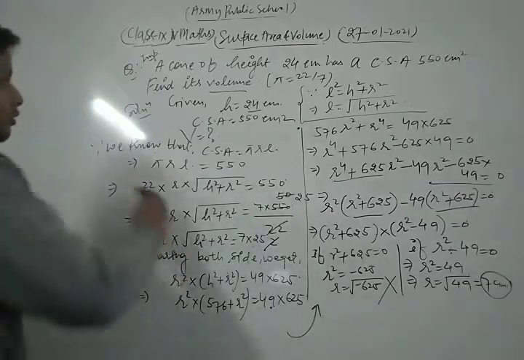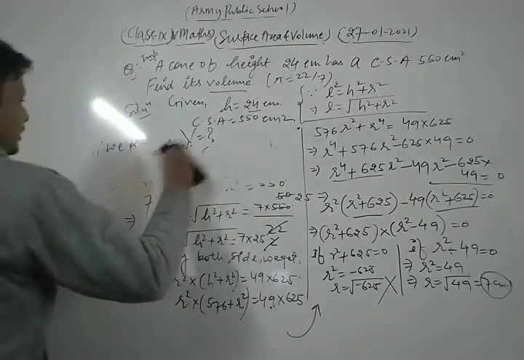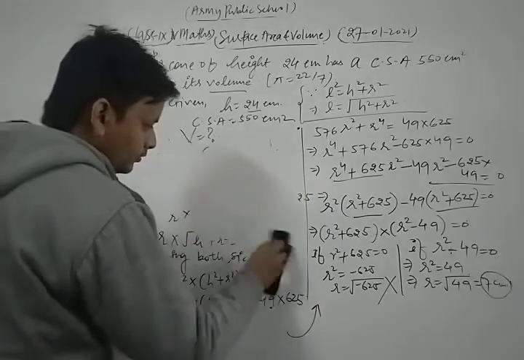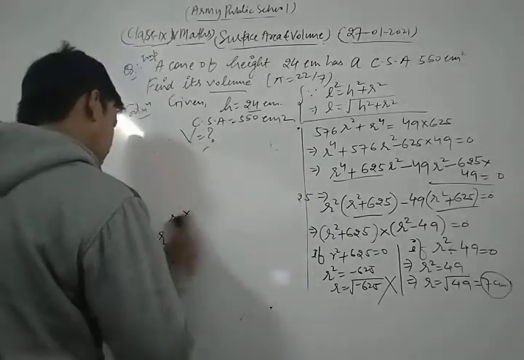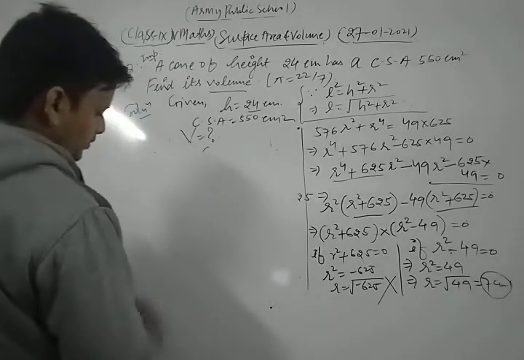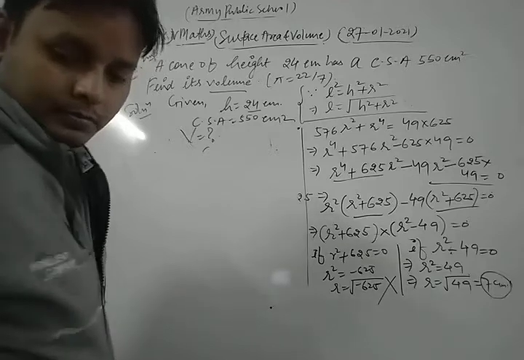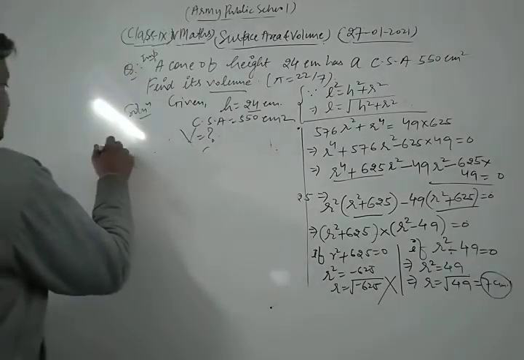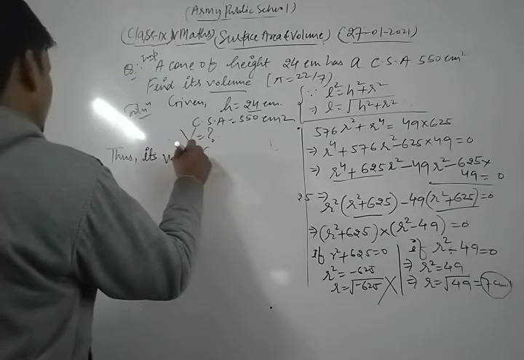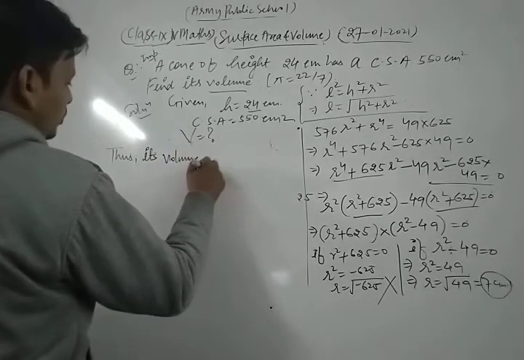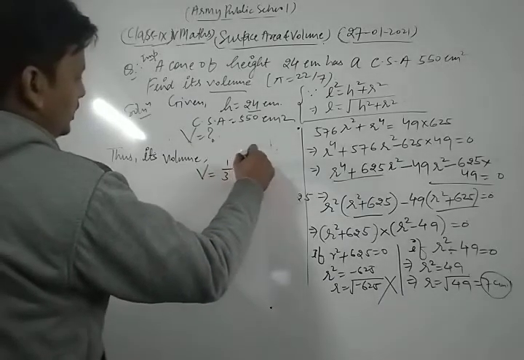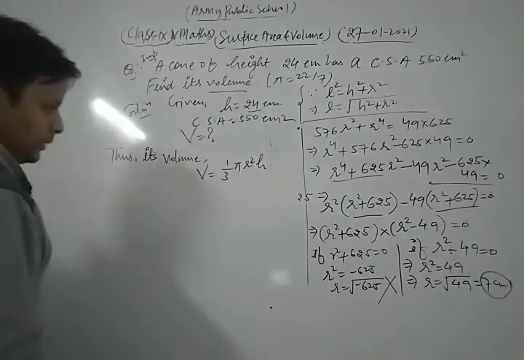Now what do I do? Let's see. Now we just find its volume. Thus its volume will be 1 by 3 pi r square into h.